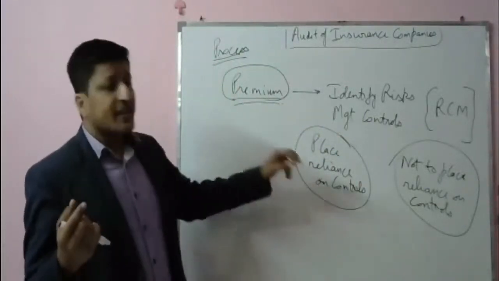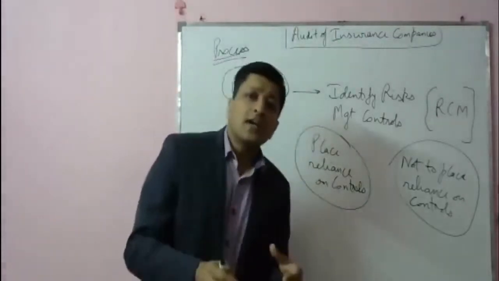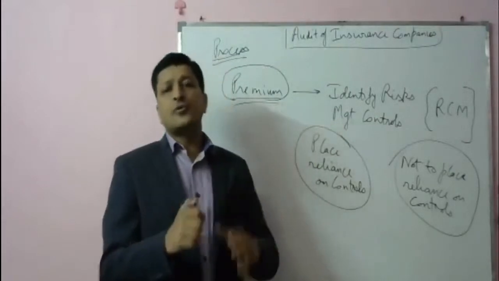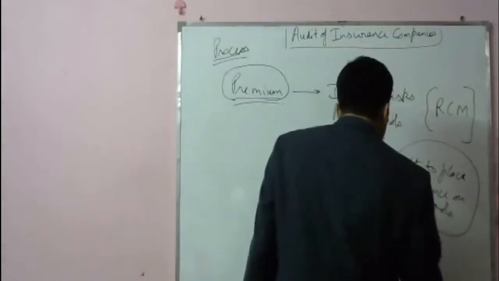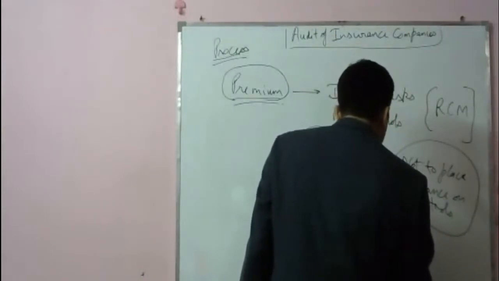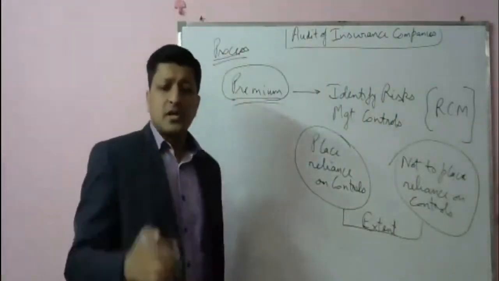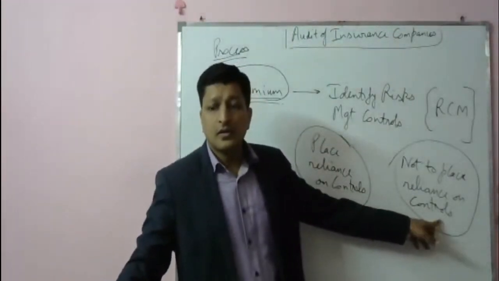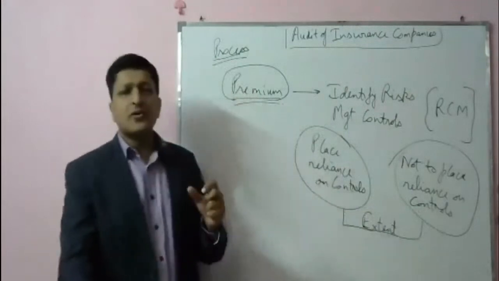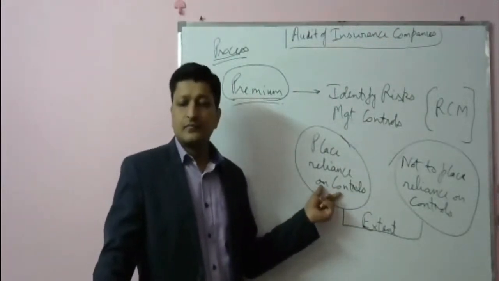If he is placing reliance on controls, then he will definitely cut down the extent of his audit procedures. So the extent of the audit procedures will be dependent on this approach. He will perform more audit procedures under which scenario, under which approach, under this approach. And he will perform lesser audit procedures when the controls are operating effectively. Clear? Yeah?